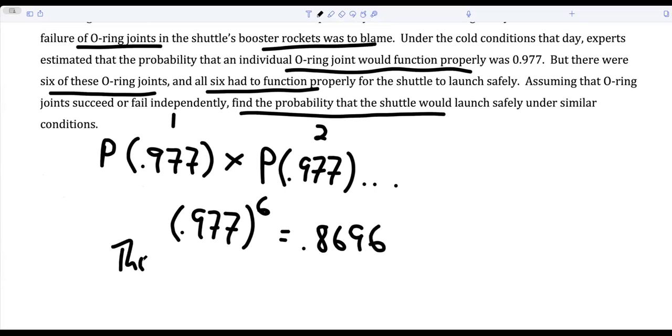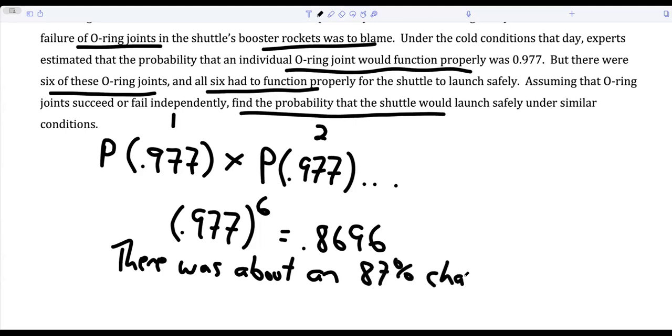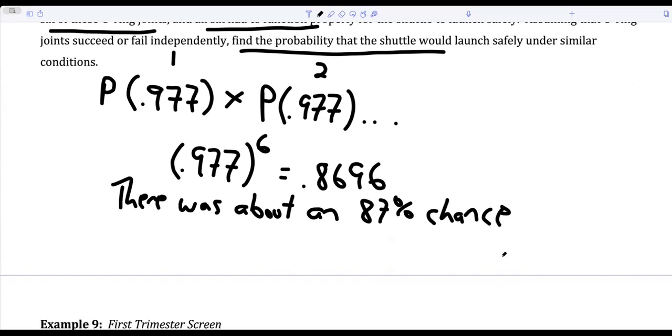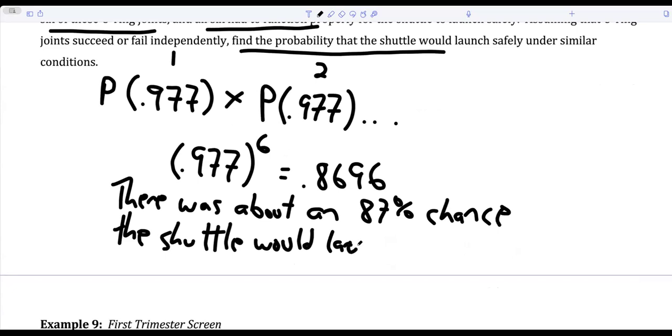So there was about an 87% chance the shuttle would launch safely under these conditions.